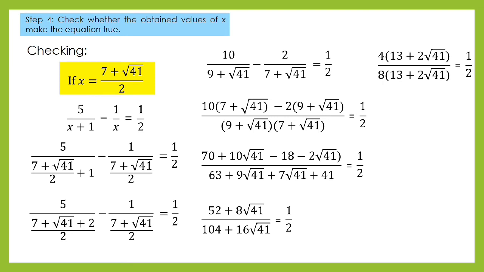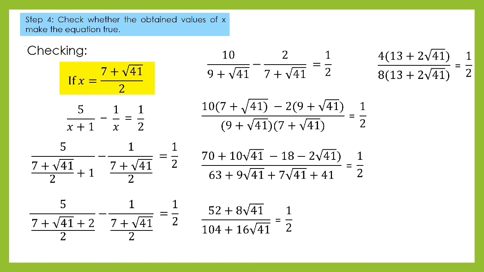Apply factoring. The common factor of 52 and 8 square root of 41 is 4. And then, to get the other factors, 52 divided by 4 is 13. 8 square root of 41 divided by 4 is 2 square root of 41.